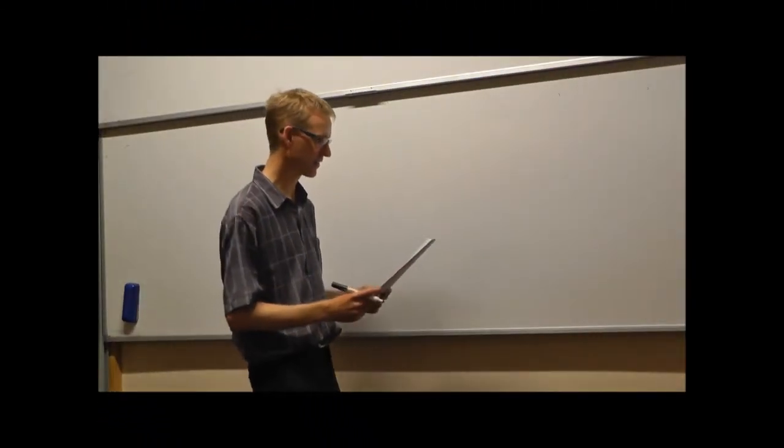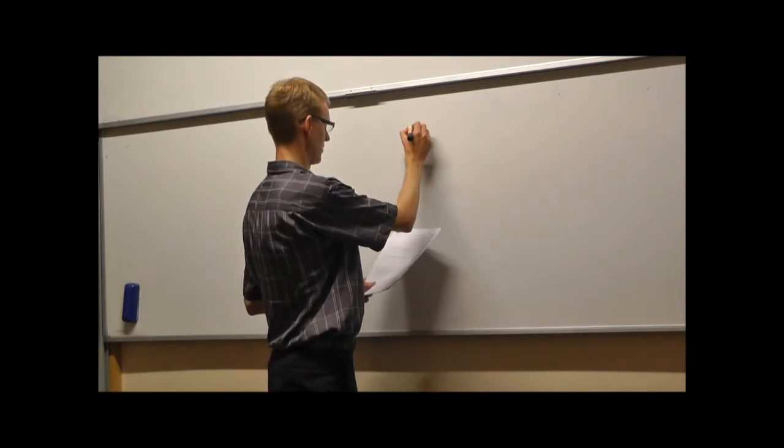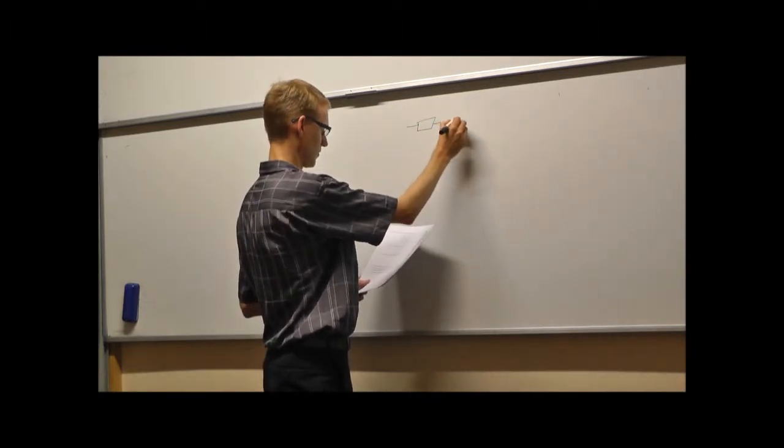Part C. The circuit below consists of 8 resistors, each with resistance R. So let's just draw that out.